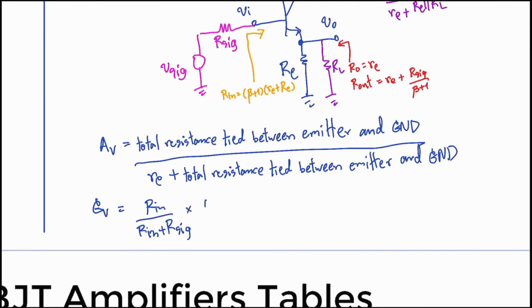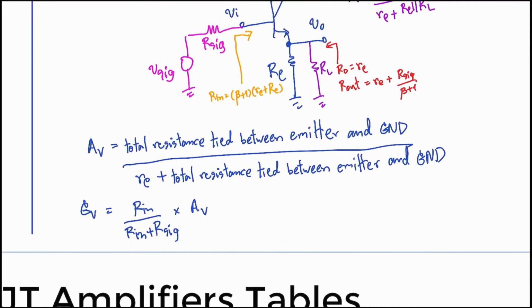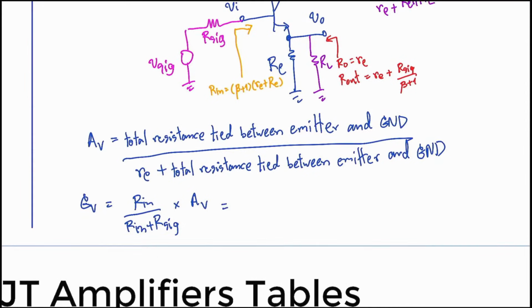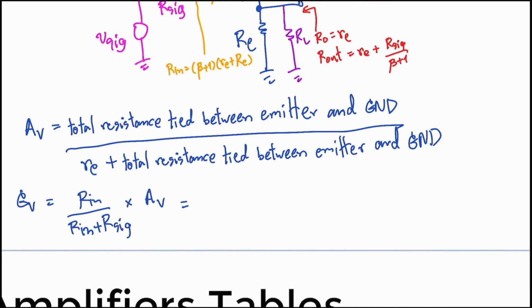For this calculation, assuming there is no load resistance RL connected yet, we can write it as beta plus 1 multiplied by Re, divided by the sum of beta plus 1 times Re, plus another beta plus 1 Re term, and finally R signal added to the denominator.